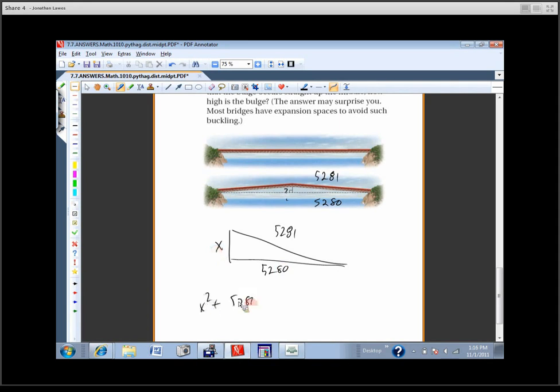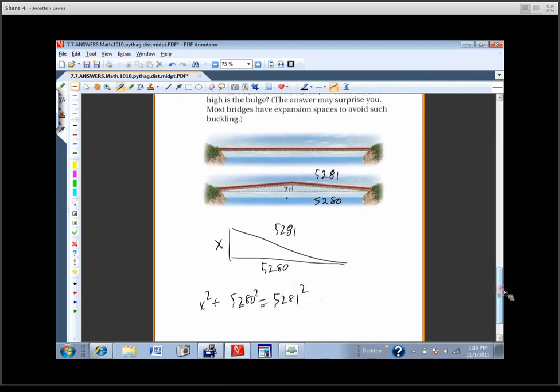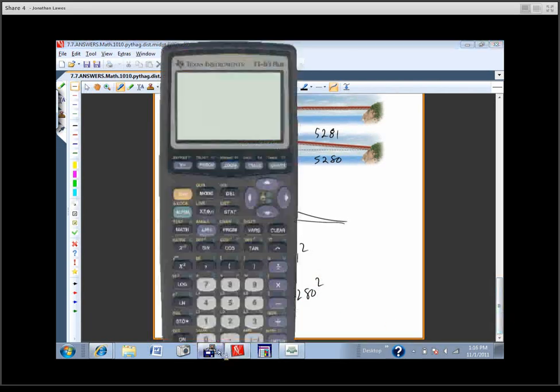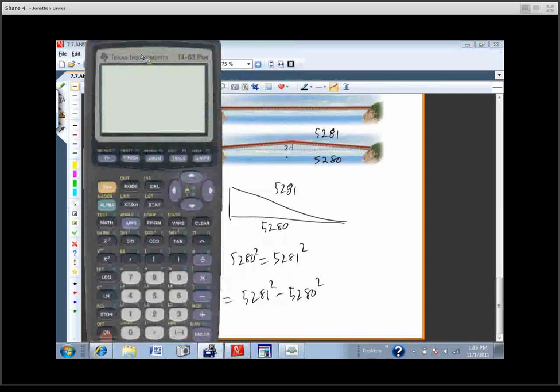x, a, b, whatever you want to use. So x squared plus 5280 squared equals 5281 squared. Clearly a calculator problem. Good test question? Nope. How come? I wouldn't give you anything this big on the test because you can't use a calculator. So let's grab a calculator really quickly and do this.